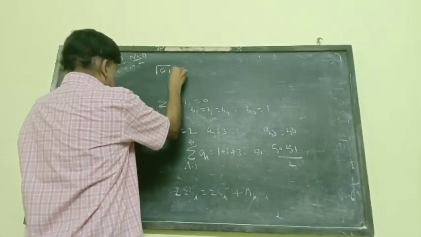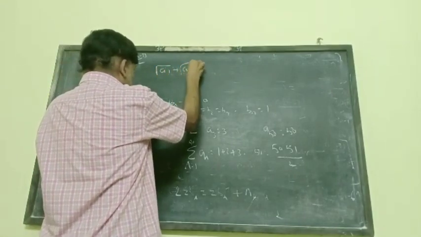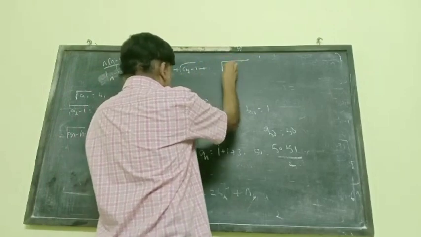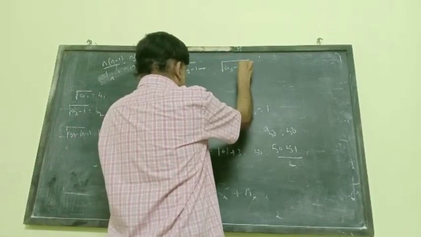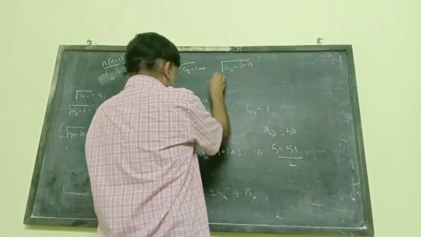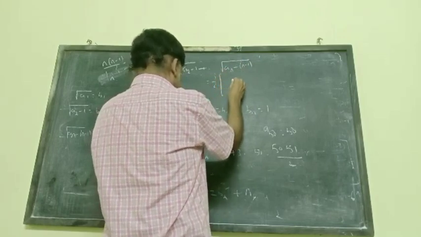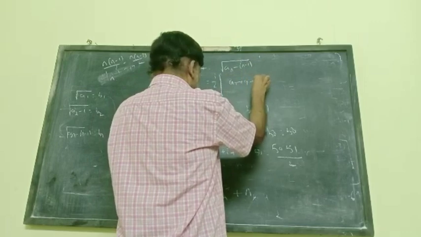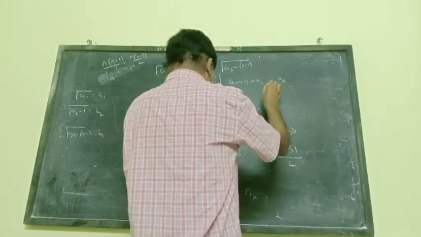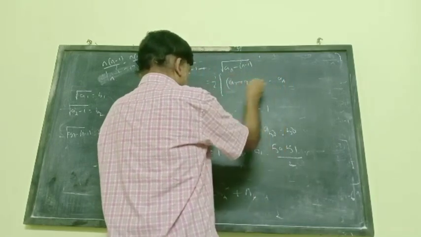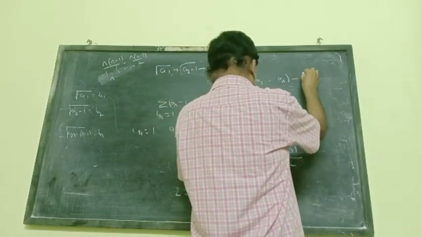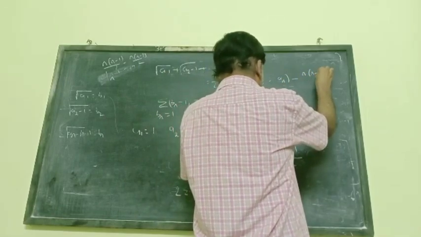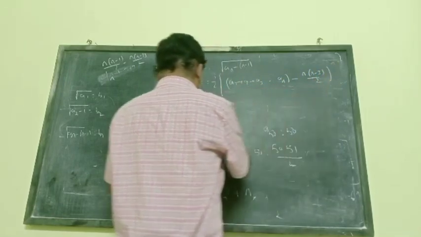Root a1, root a2 minus 1, ..., root an minus n minus 1 is equal to 1 by 2 into (a1 plus a2 plus a3 up to an) minus n into n minus 3 by 2.